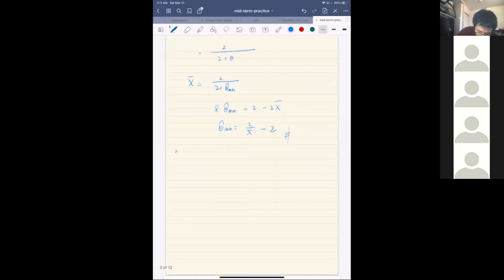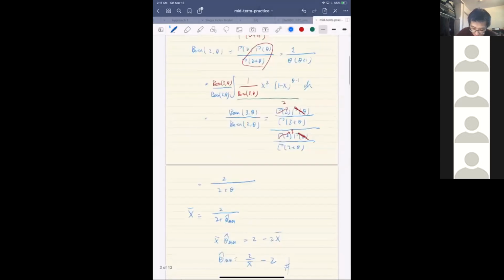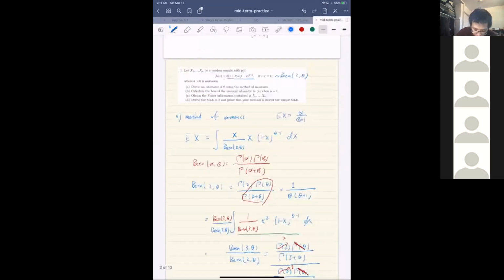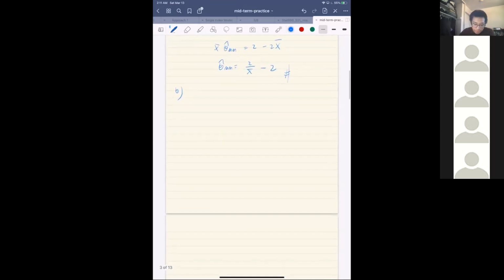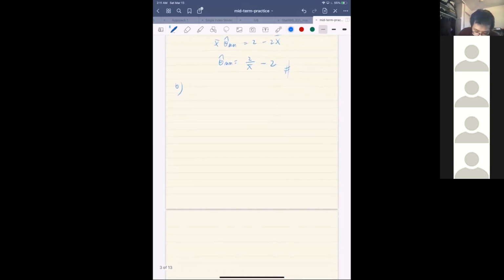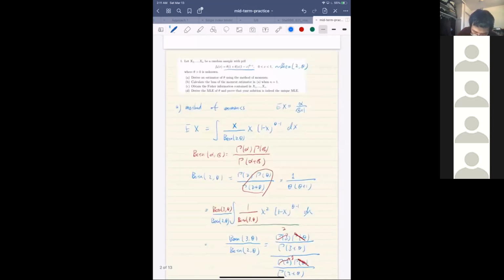And the last one is to calculate the bias of the method of moments estimator. For the bias, here we assume the sample size is equal to 1. If it is not 1, I don't know how to do that.